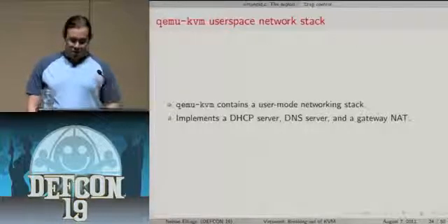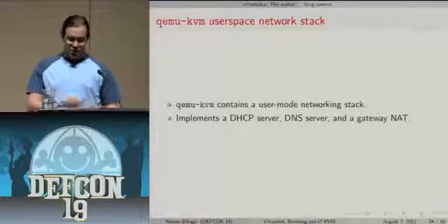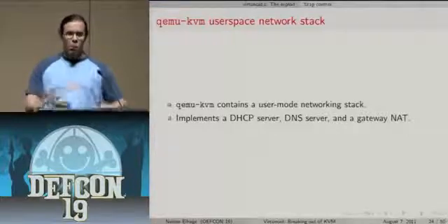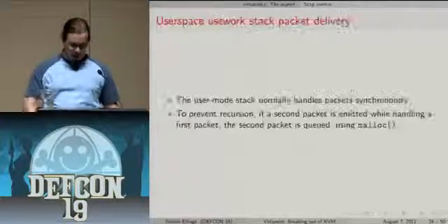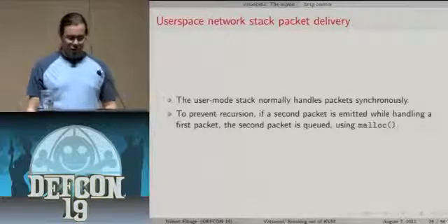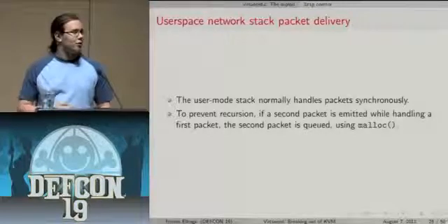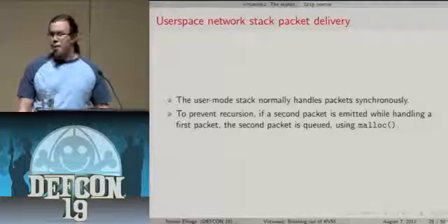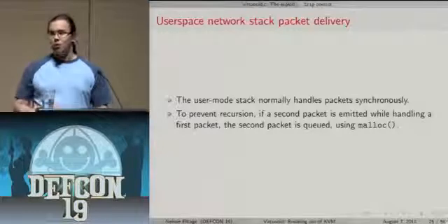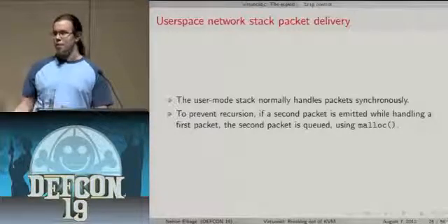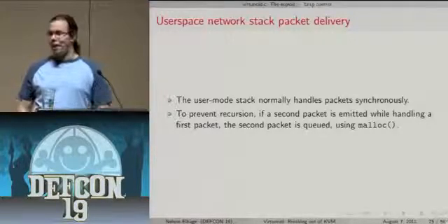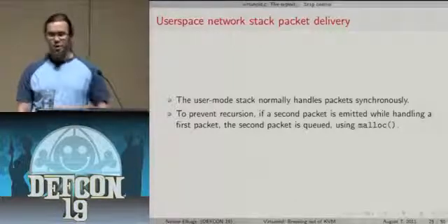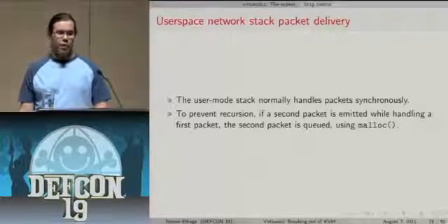So this virtual network stack emulates a DHCP server, a DNS server, and gateway NAT all plugged into this virtual LAN. The way this virtual LAN handles packet delivery is that normally packets are handled synchronously. When you inject a packet onto the virtual LAN, it just looks up the recipient and calls their deliver packet callback method synchronously, so there's no buffering, no queuing.